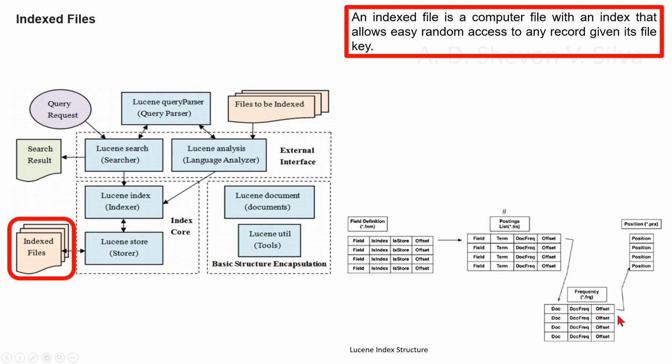The positions file, with extension .prx, represents the list of positions at which each term occurs within the document. Here the field definition .fnm file is connected to a posting list .tis. It is connected to a frequency file .frq, and it is connected to a positions file, the .prx.